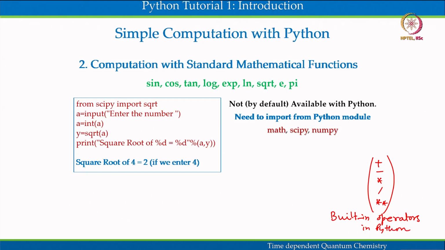But if I have a mathematical expression with any of the mathematical functions such as sine, cos, tan, log, natural log, 10 base log, then exponential, then square root, then e, the value of e, or pi, any of these mathematical functions if I want to use in Python, they are not directly available with Python.